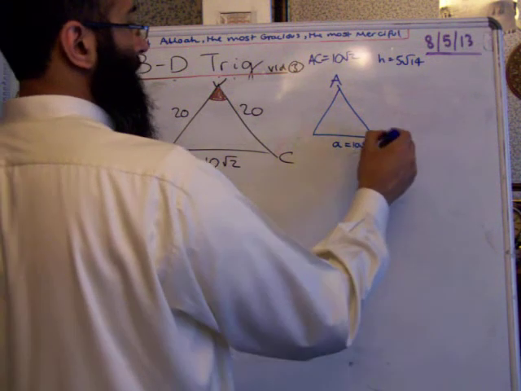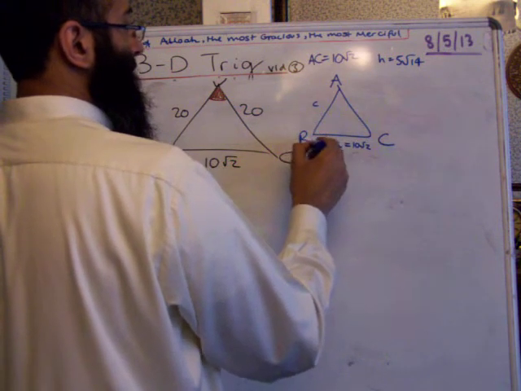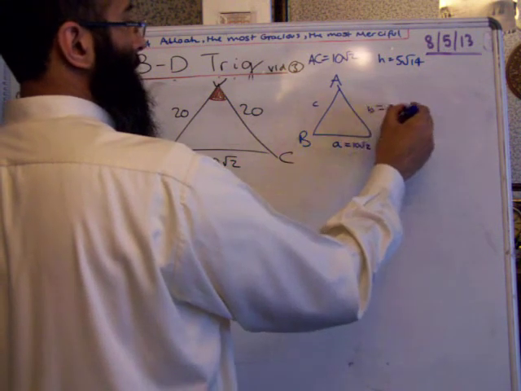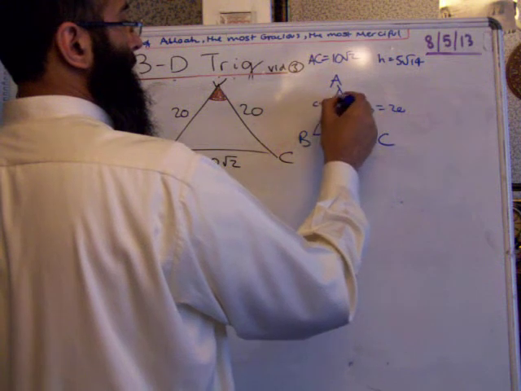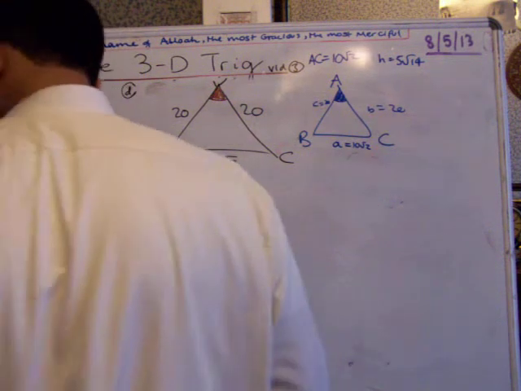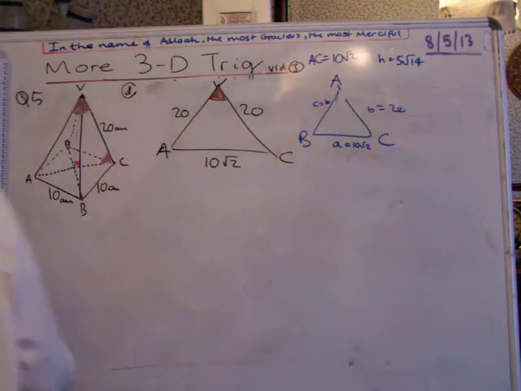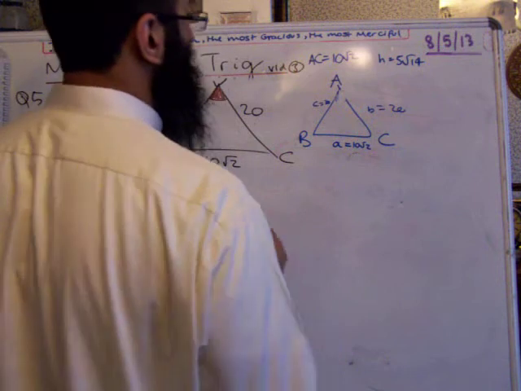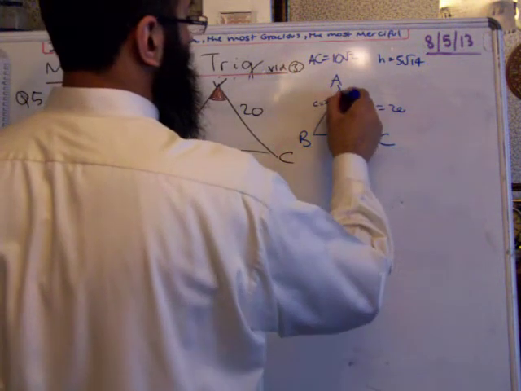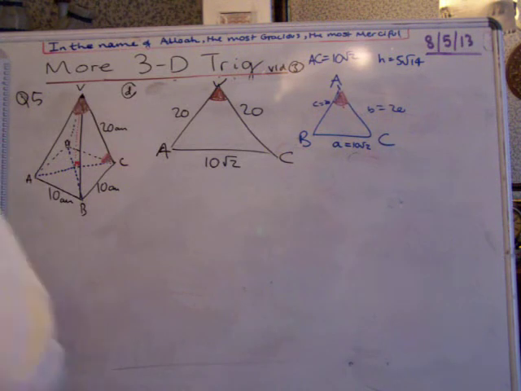Call this one here C, little c. Call this big B and little b. Alright, that's the angle that we're looking for.